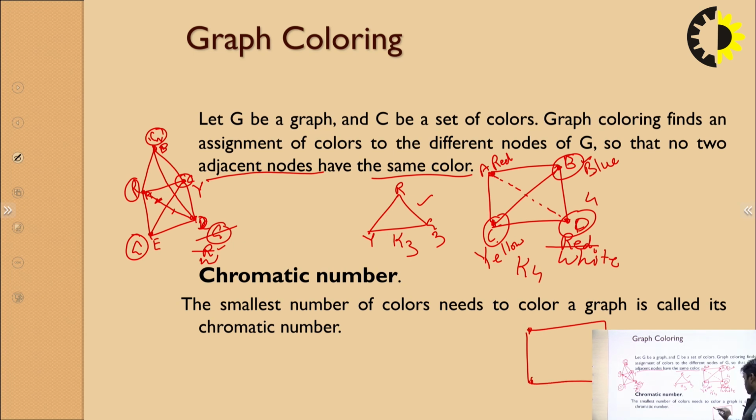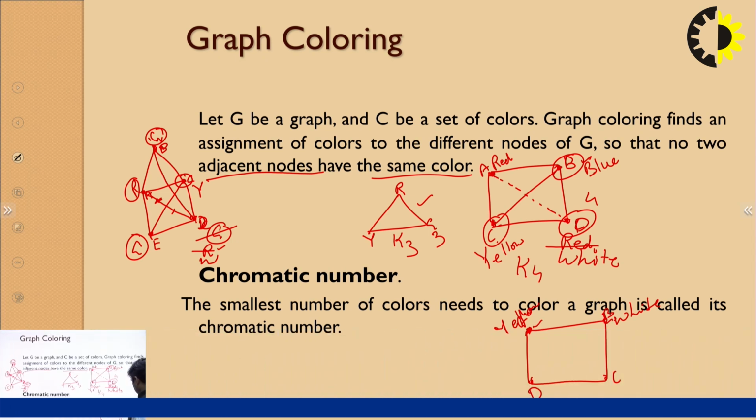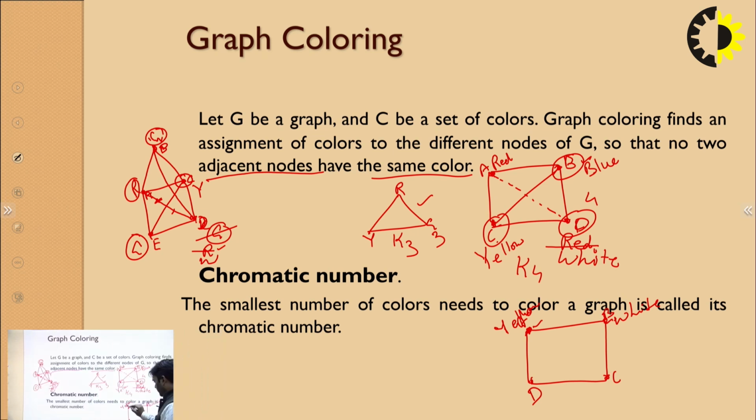If we take this graph, A, B, C, D, we go with yellow color at this vertex, white at this one, because this vertex is not adjacent to A. This is A, B, then we can put the same color yellow, and this vertex D is not adjacent to B, then white can be assigned.